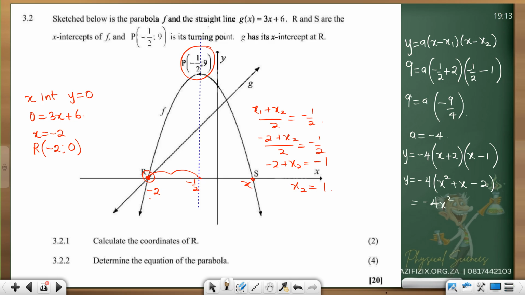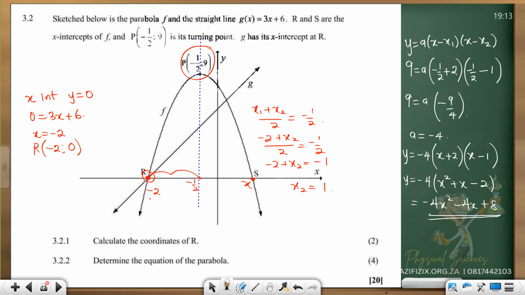So it is negative 4x squared, negative 4x plus 8. If I were to expand that first one, I would get the same answer as well. So those are the two ways of getting your parabola. Since we're not restricted here, that's why I left the first answer like that.